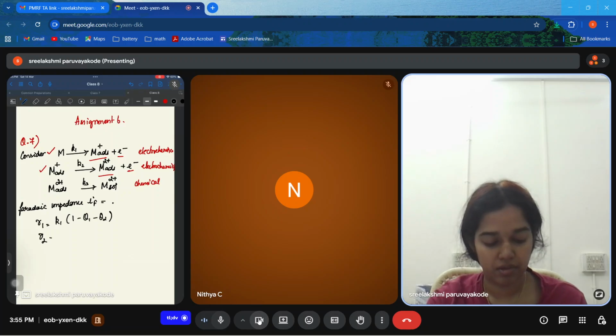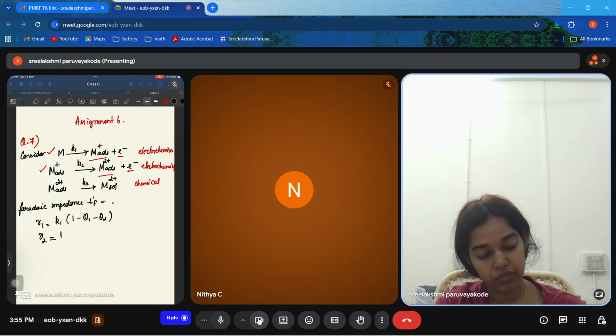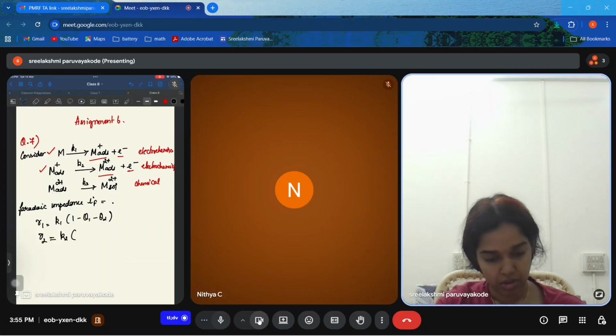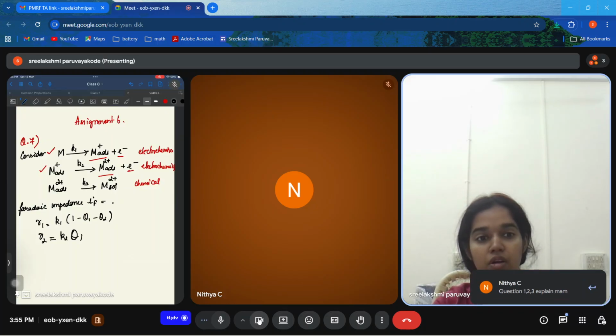What is the reaction rate of the second step? K2 into what? M+, so it is theta 1. Right? Now the third step we don't have to consider because it doesn't involve a transfer of electrons.